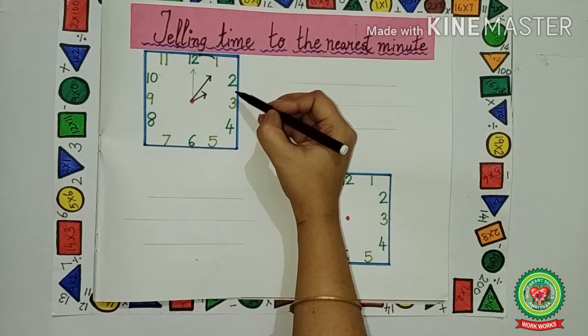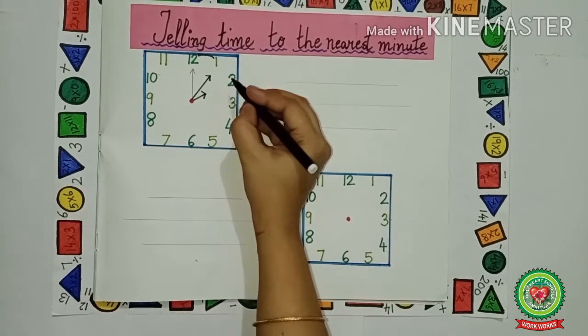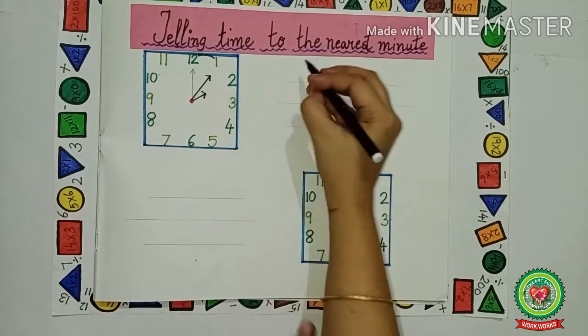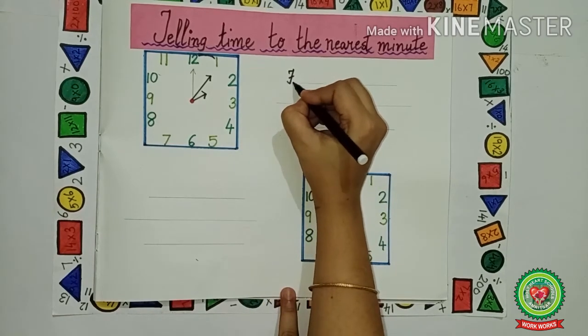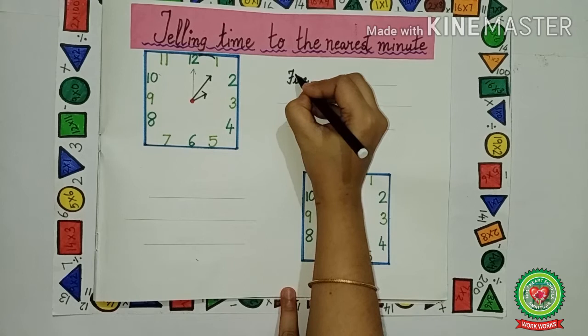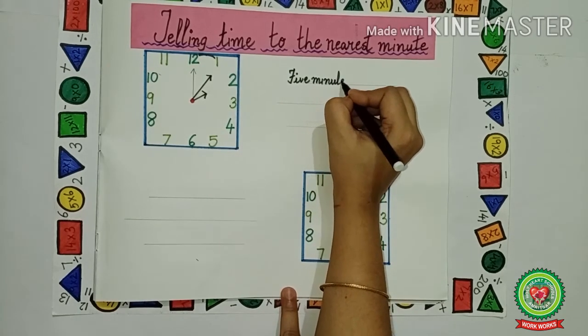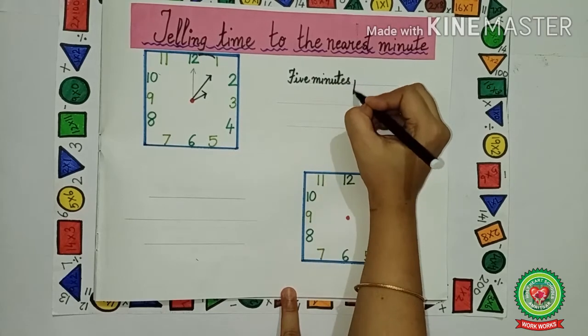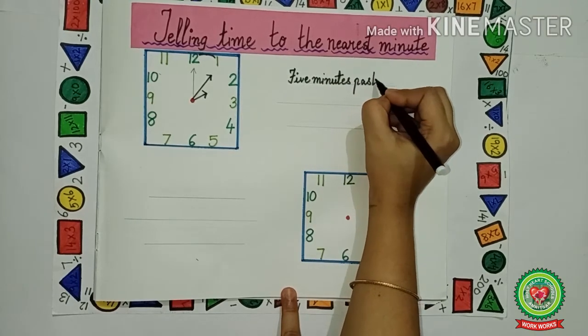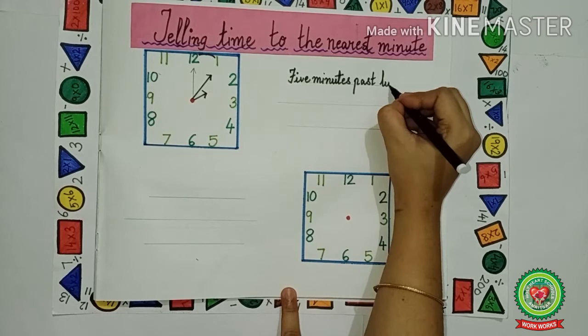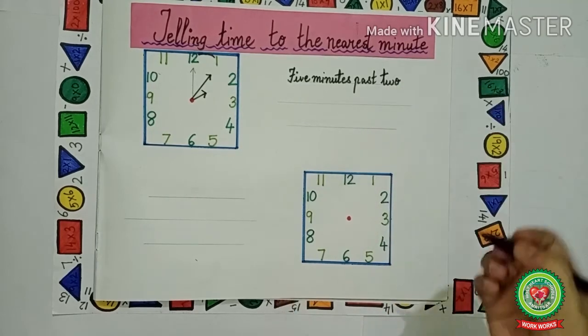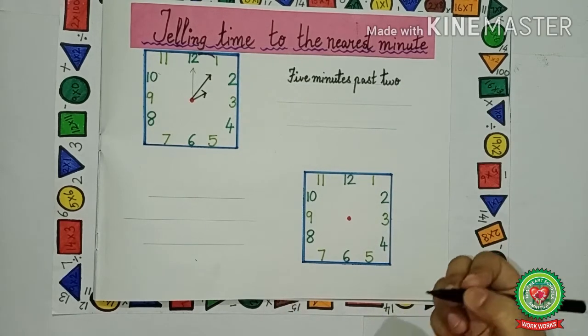We can write it in 3 different ways. Let us write. Now the first one is 5 minutes past 2.